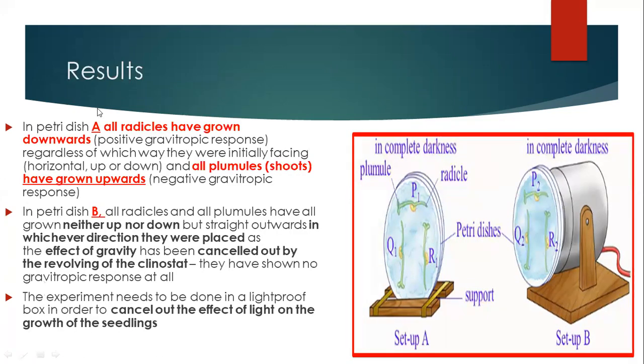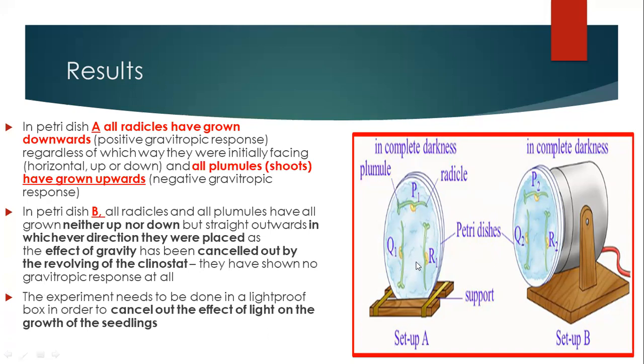Okay. In the petri dish in A, all radicles have grown downward. In A, you will find the radicles growing downward, but the plumule, which will form shoots and the stem in the future, will go upward. And here, all radicles will grow down.